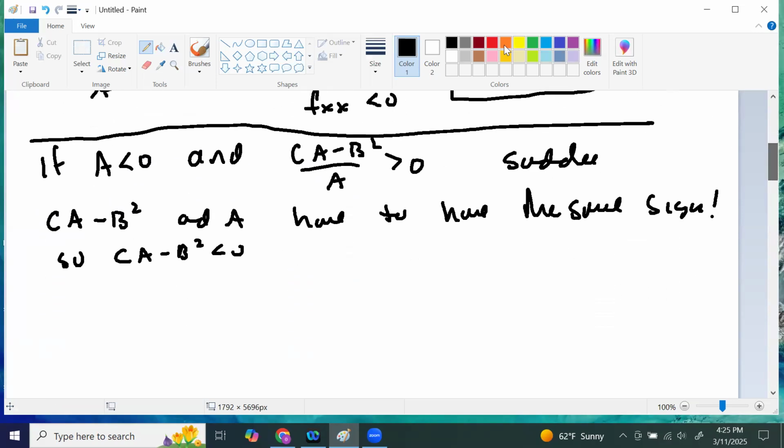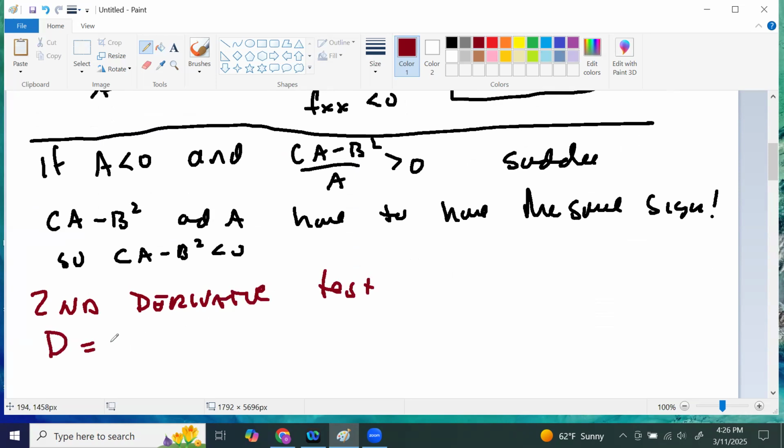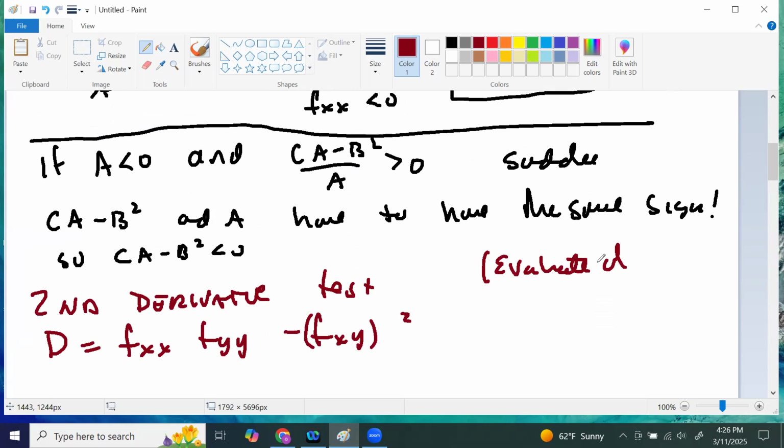So that gets us to our second derivative test, where D is f sub xx, f sub yy minus f sub xy squared, and these are evaluated at (x naught, y naught).